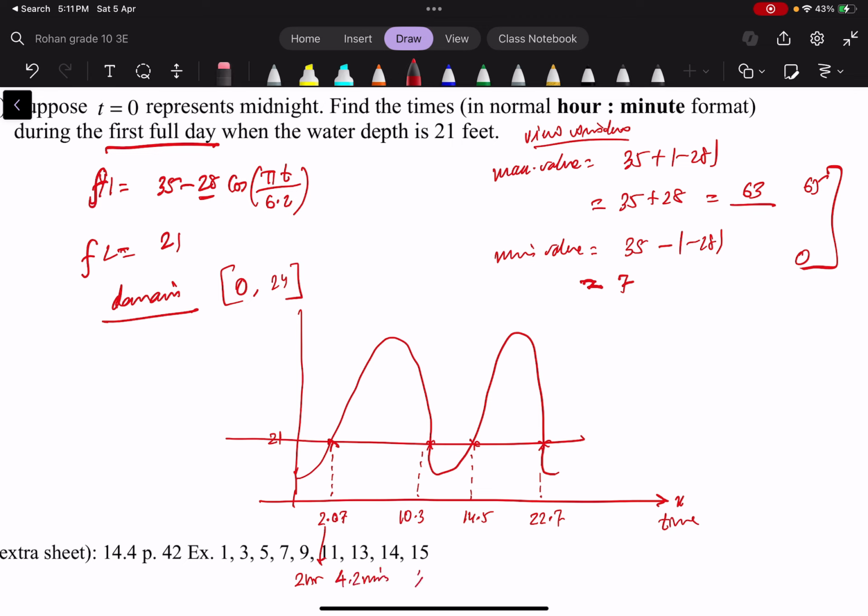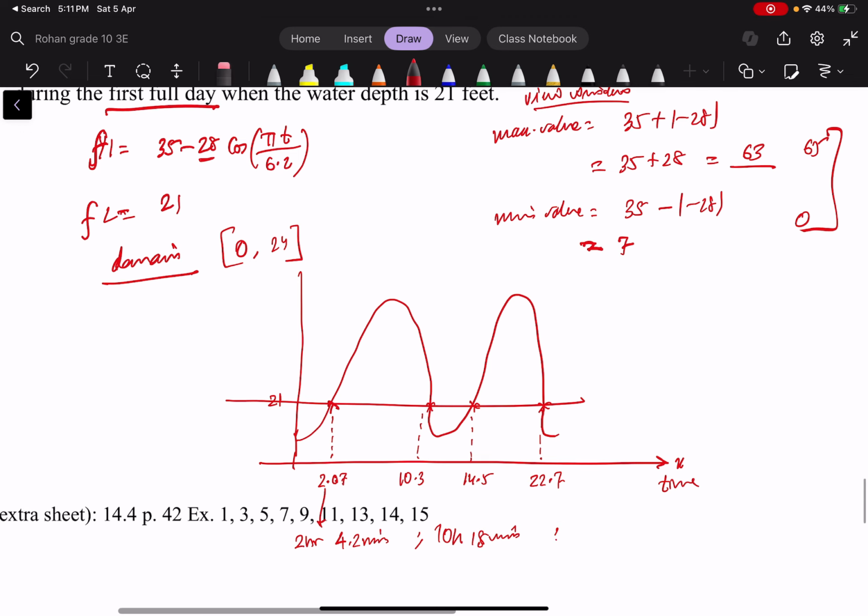So it would become 2 hours and 4 minutes. Then 10.3 would be 10 hours and 0.3 times 60, 18 minutes. 14.5 is 14 and a half hours, 0.5 is 30 minutes. And 22.7 is 22 hours and 0.7 times 60, 42 minutes. So that's how you do it: the fractional part you convert.